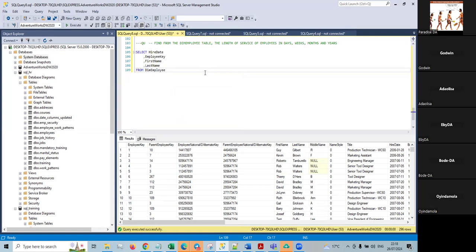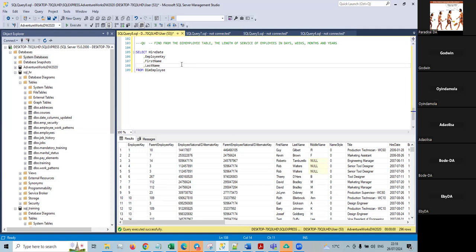But just selecting these doesn't give us the answer, does it? Now we are told to find the length of service in days, weeks, months. So which date keywords do you think we should be using here? The date diff.